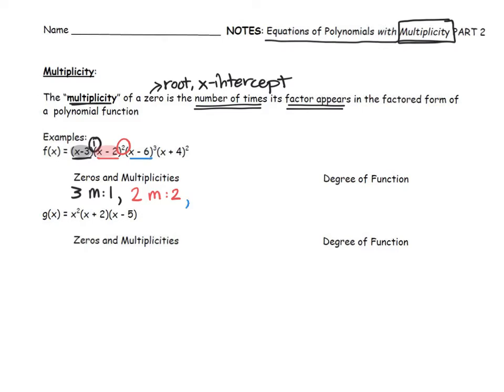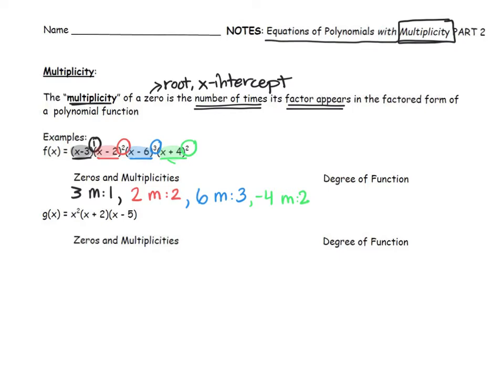This factor has a zero of 6, and this factor right here has an exponent of 3. That means that it occurs 3 times. And then our last factor, this guy right here, x plus 4, has a multiplicity of 2. So remember, the zero is negative 4, and it has a multiplicity of 2.